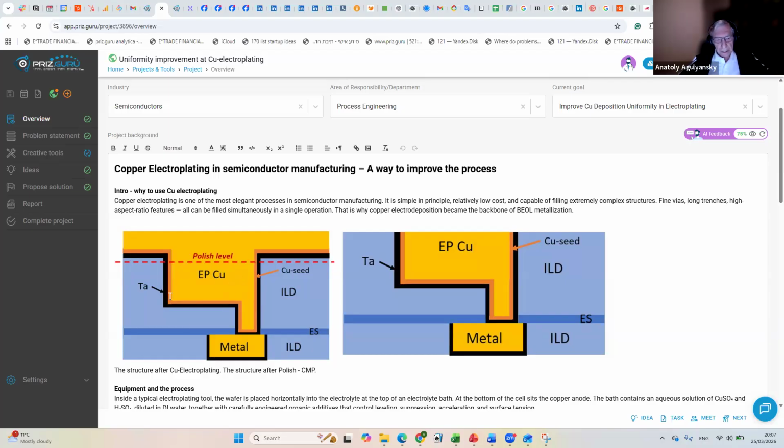What is typically done? We create vias and trenches within the dielectric, which is a silicon oxide or some modification of silicon oxide. We deposit a very thin layer of tantalum. And this is a barrier in order to prevent diffusion of copper inside of the dielectric.